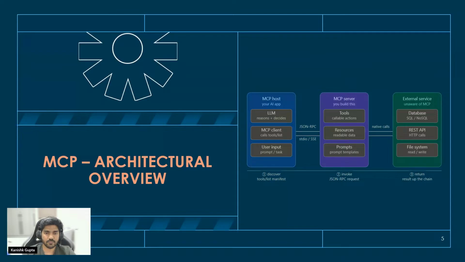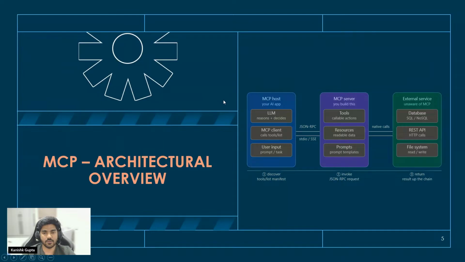So this was a brief architectural overview of MCP. If you want to read more about it, there's official documentation that Anthropic has published at modelcontextprotocol.io. It also has ways on how you can build your own MCP server.